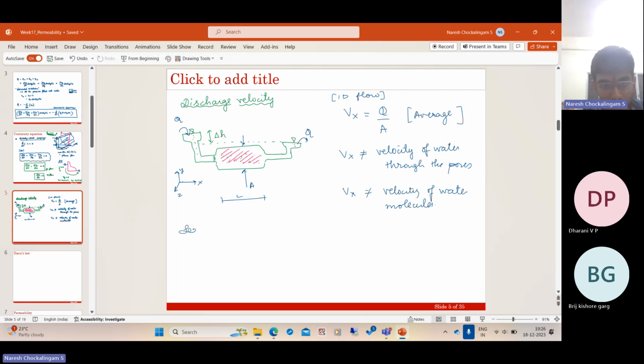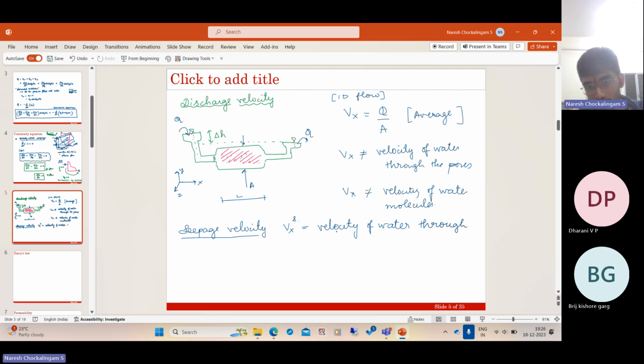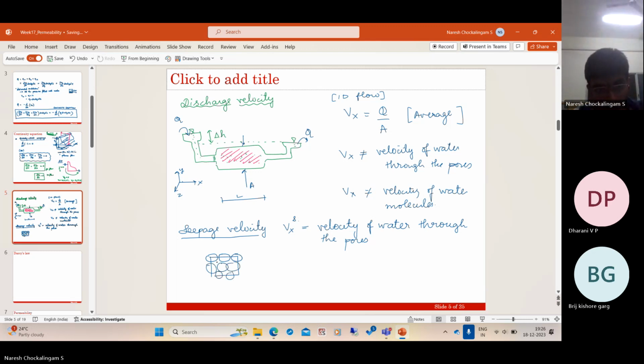Now there is another related term called seepage velocity. Let us denote it as Vxs maybe. So Vxs is the velocity of water through the pores. Now if you take a cross section, there will be soil, and we have the pores, and pores are filled with water.